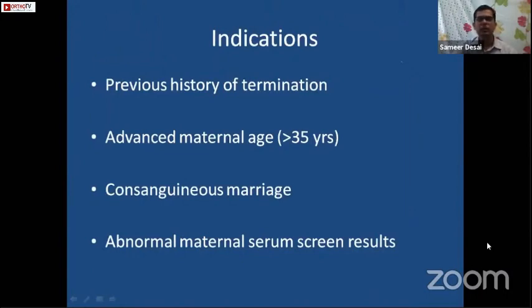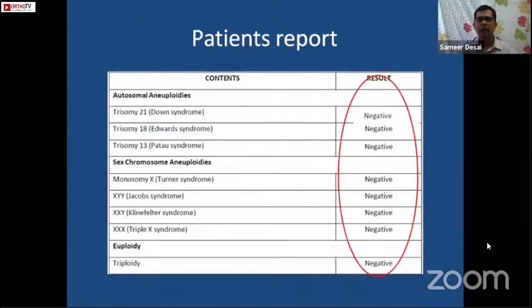The indications are a previous history of termination, advanced maternal age that is more than 35 years, a history of consanguineous marriage, or abnormal maternal serum screen results. In this family, we did amniocentesis and the report turned out to be negative.